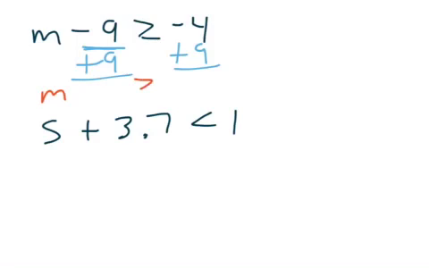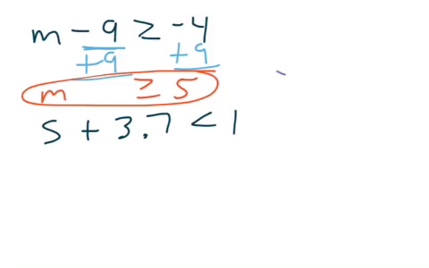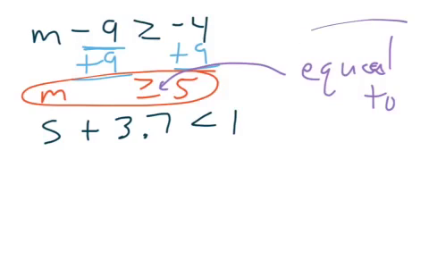M is greater than or equal to 5. And I just want to point out that don't forget that little line underneath the greater than means equal to. That means it can equal also, right? It could be the same value.